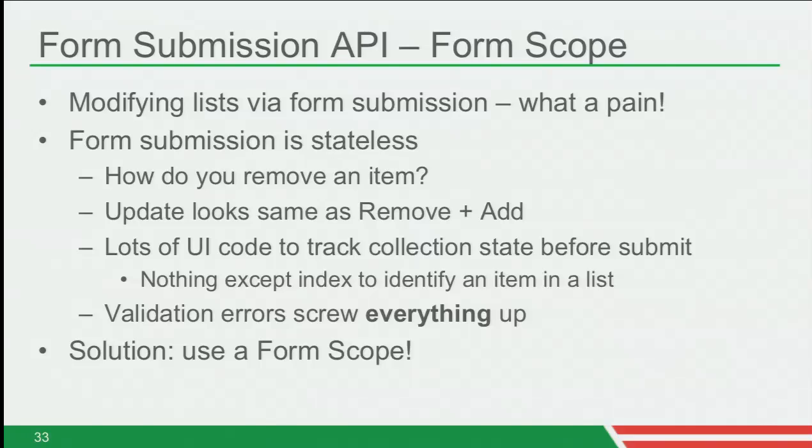However, if you do all of that, everything still goes to heck in a handbasket once you start trying to submit the form and you encounter validation errors. Because at that point, the traditional way of dealing with it is to redisplay the form to the user with all of the validation errors present so that they can take the appropriate steps, fix it, resubmit it.